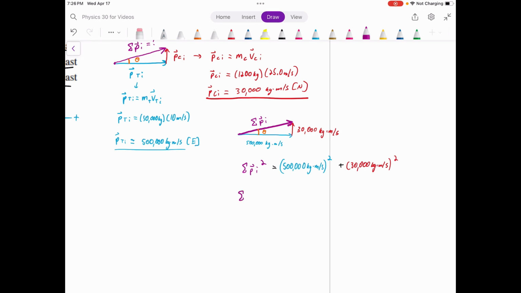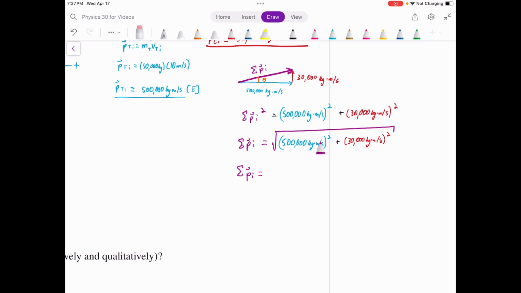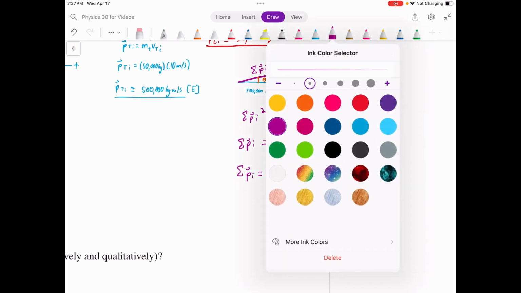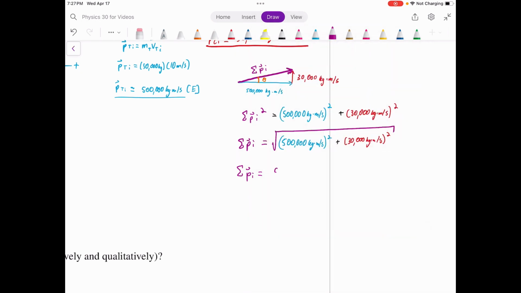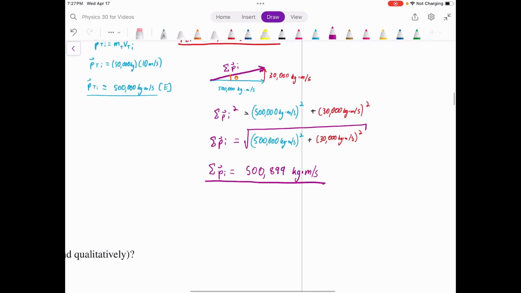And therefore, the total magnitude of the initial momentum in the system, square root both sides. And so then when I square 500,000, square 30,000, add them together, and then square root, I'm getting 500,899 kilogram meters per second. So that's the total magnitude of the momentum in the system.